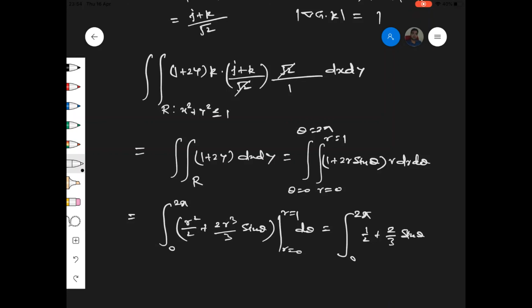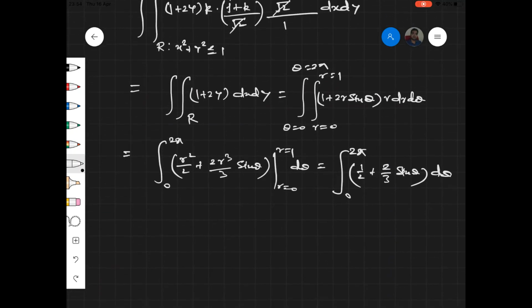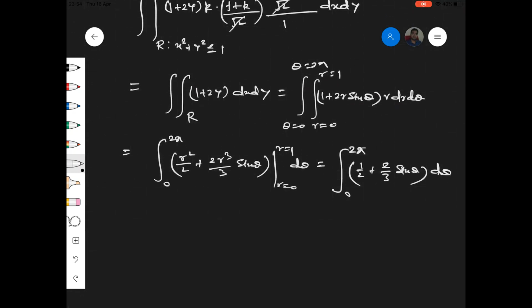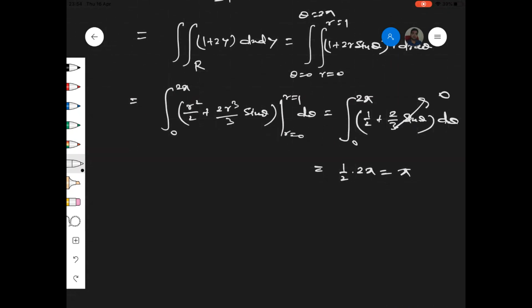Now once we integrate, we are going to get the value as 1 by 2 into 2 pi, and the value of the integral of sine theta between 0 to 2 pi is going to be 0. So the final value for this integral is 0.